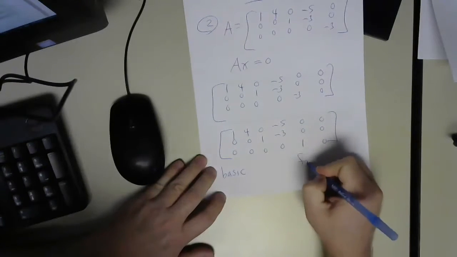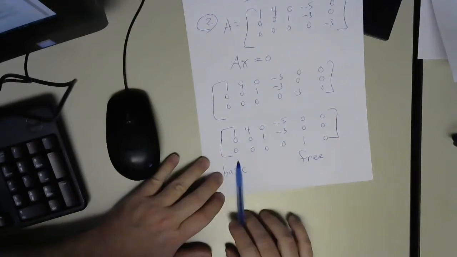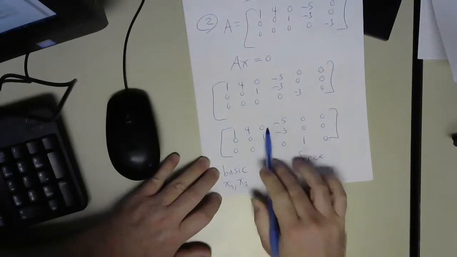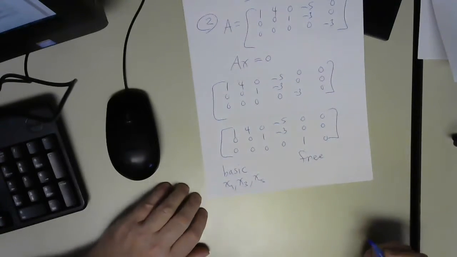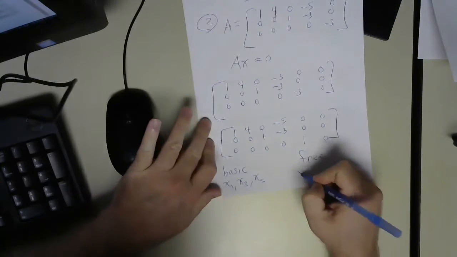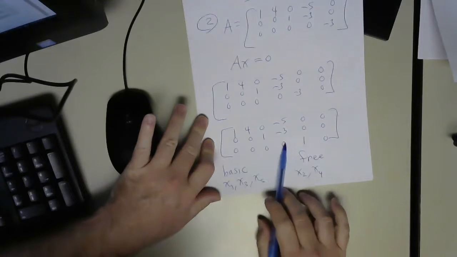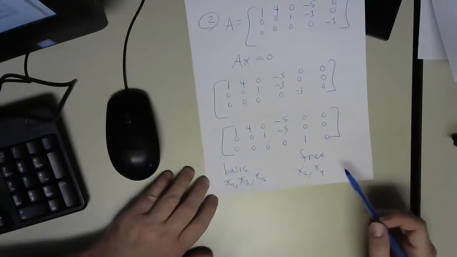So as usual, let's list them. And remember, the basic variables correspond to the pivot columns. So it looks like x1, x3, and x5 are the basic variables. The free variables are the other ones. So that'd be x2, x4. And there are only 5 variables. Remember, that last column is never a pivot column.